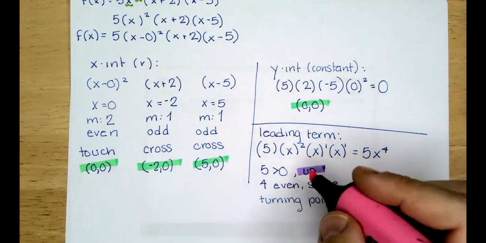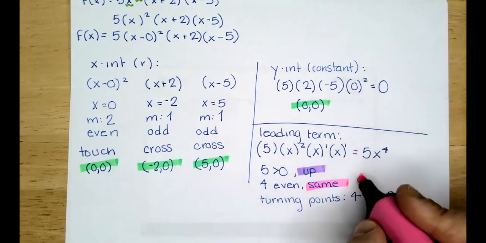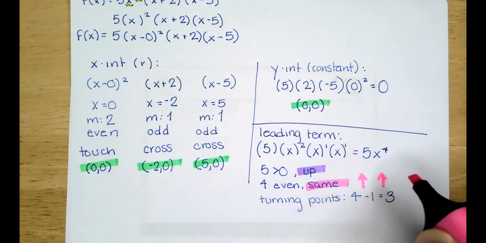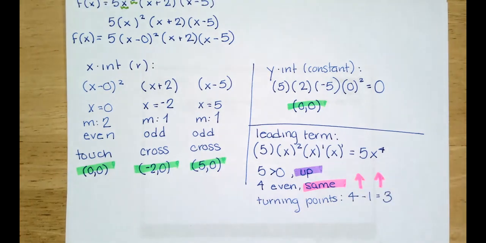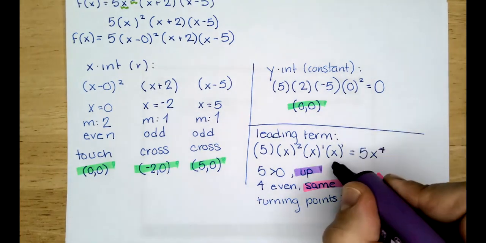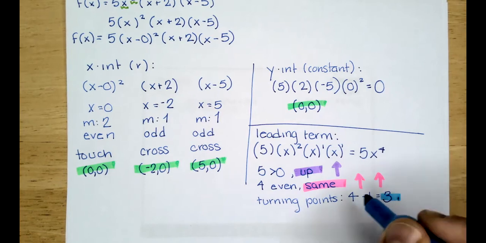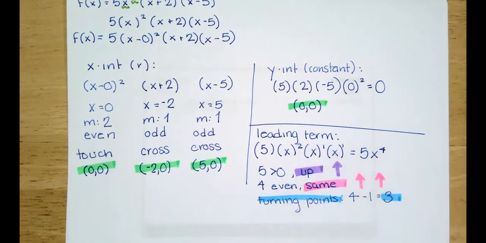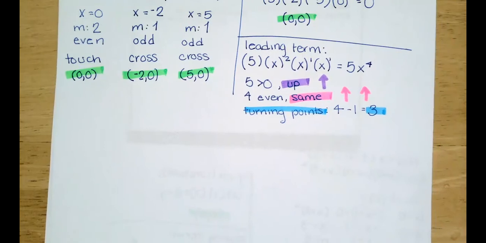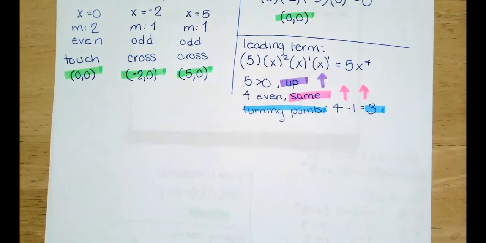This is a 4. They're both going to go in the same direction, so they're both going up. And the most turning points we have are 3. Let's graph this: 0, 0, -2, 5.